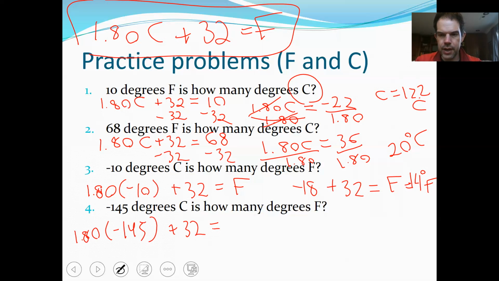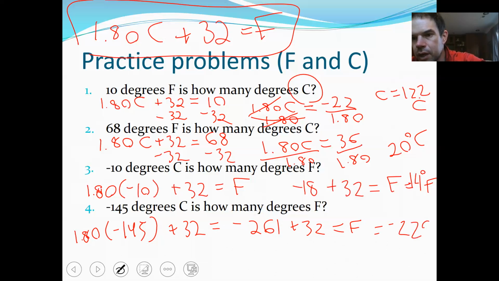So 1.8 times negative 145 gives me negative 261, plus 32. And then that equals Fahrenheit right there, right? Okay. And Fahrenheit would end up being negative 229 degrees Fahrenheit. Hopefully that makes sense.